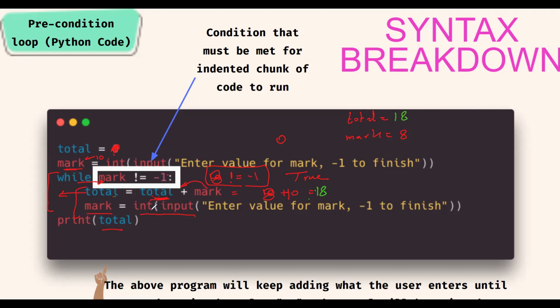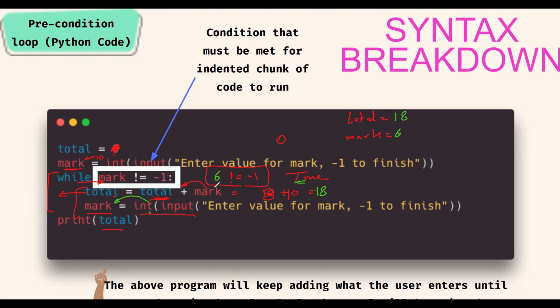And then I take another input from the user. I will assume that the user gives 6, and I save this 6 inside mark. So I come here and put 6. I check in the while loop condition: is 6 not equal to -1? Yes, this is true. So it means that the user does not want to exit yet.